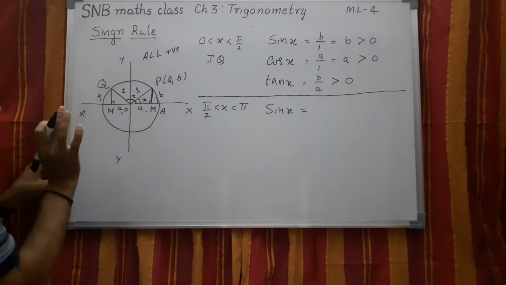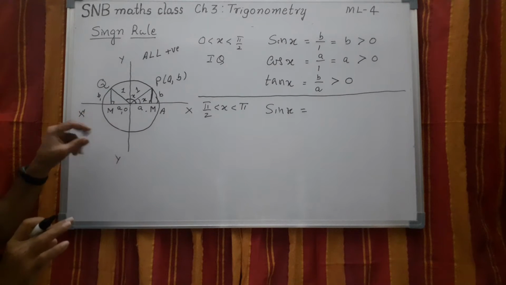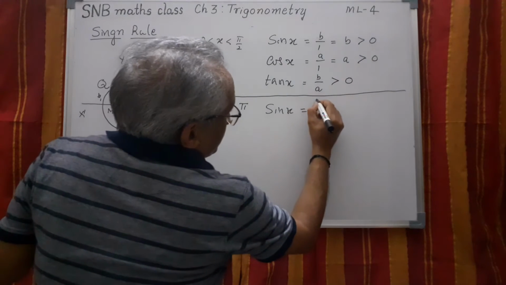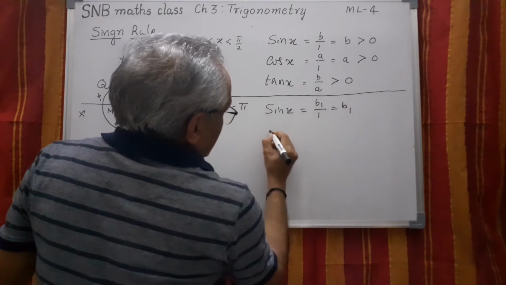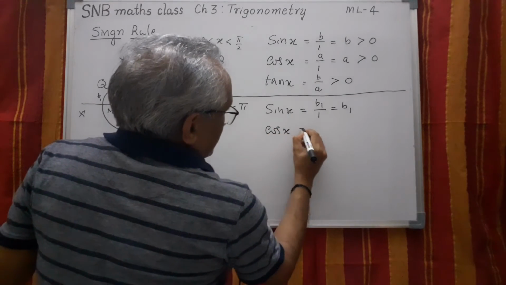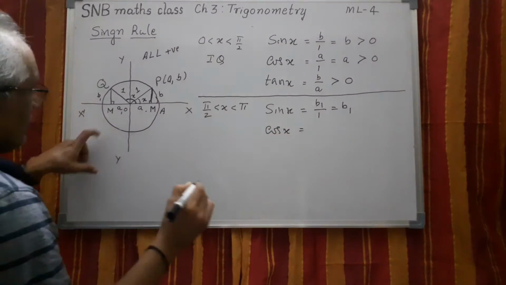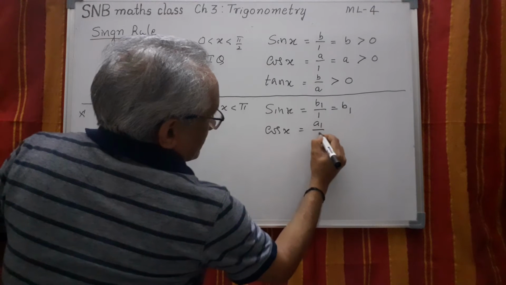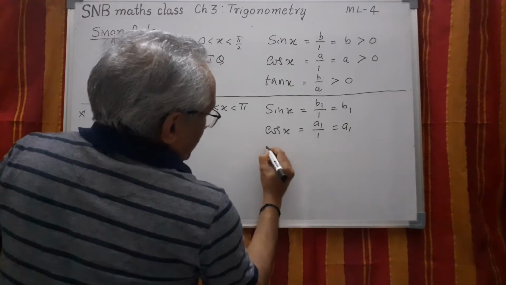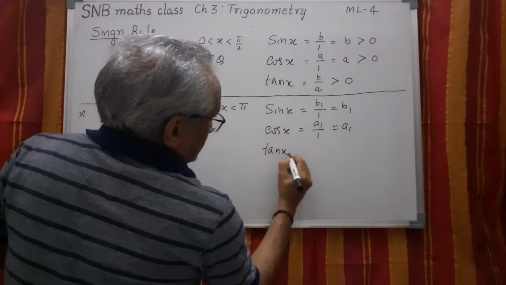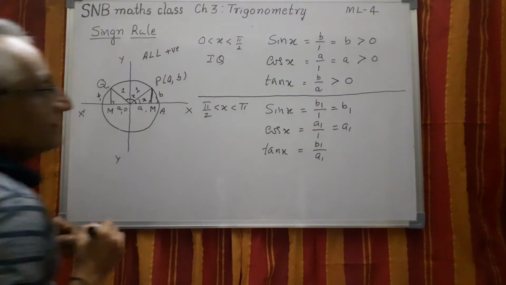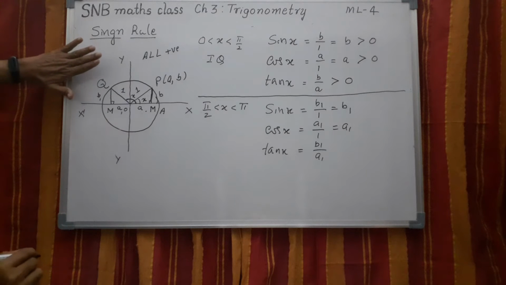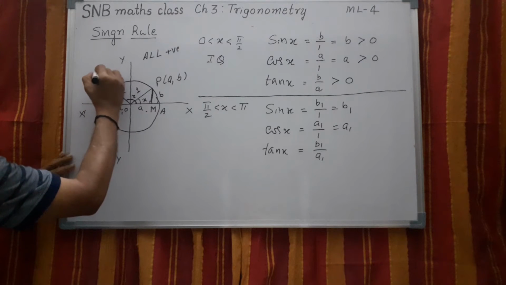This is the hypotenuse. So now the definition of sin x is b1 divided by 1. So this is b1. And cos x is a1 divided by 1. So this is a1. And tan x is b1 by a1.